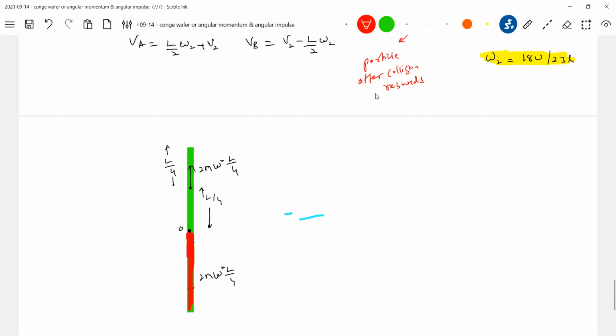Upper half and lower half, I'm just showing the different shades. There will be a stress in the rod. So you know omega, you know omega 2. Put that in. So there is a force exerted by one half on the other half.